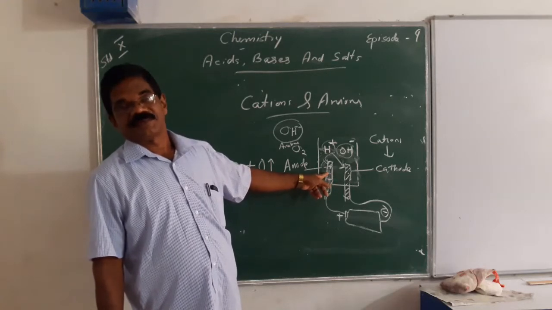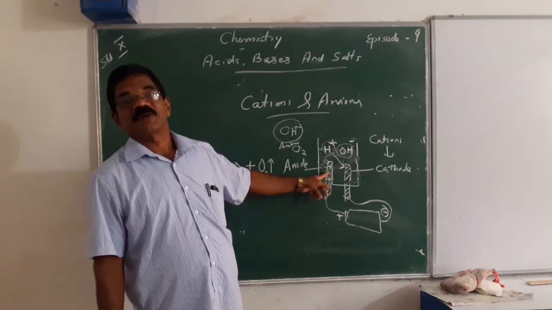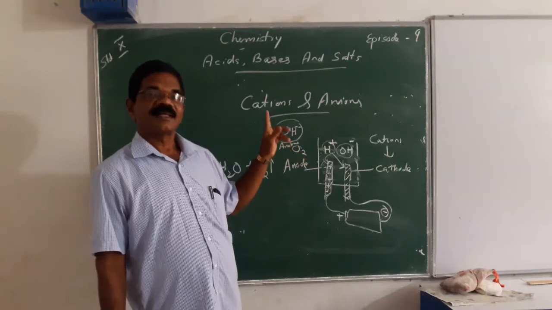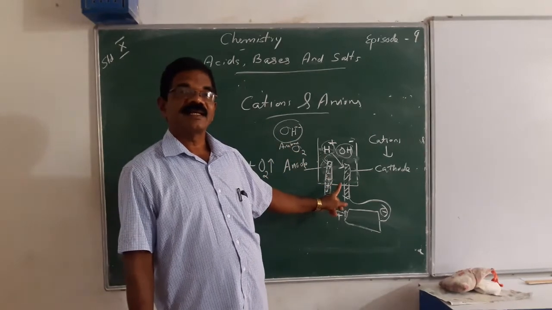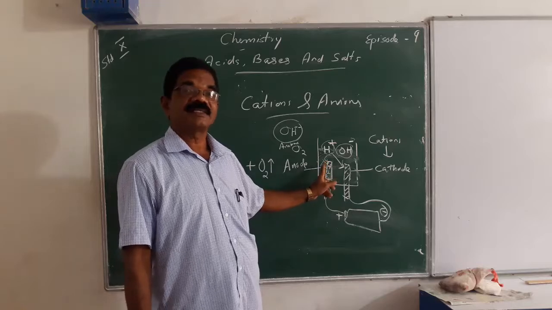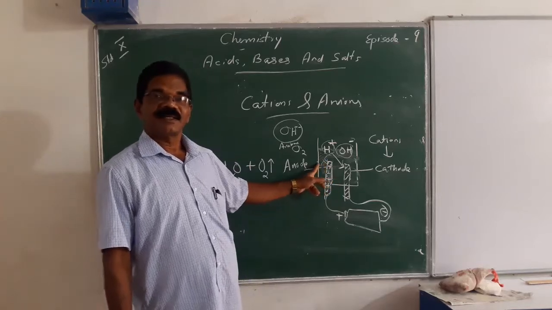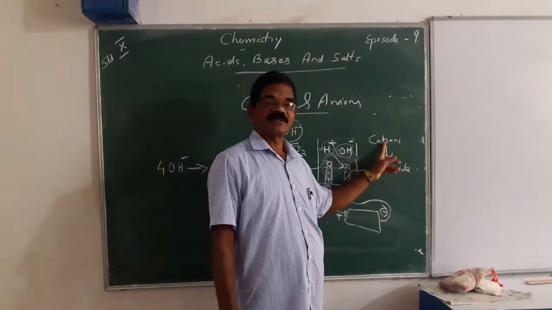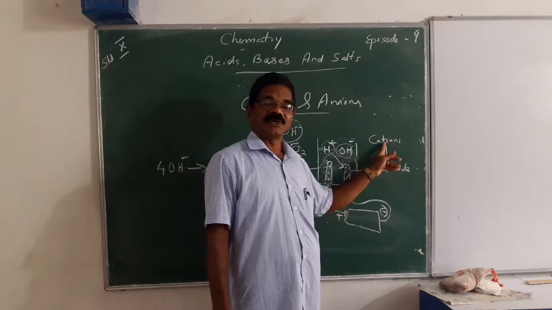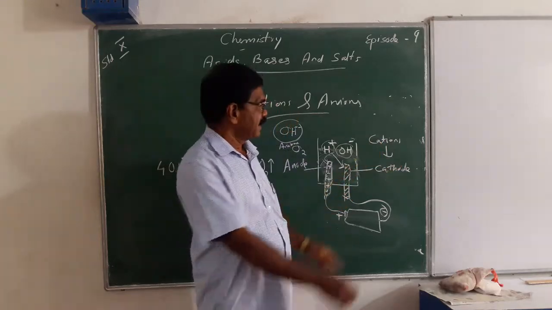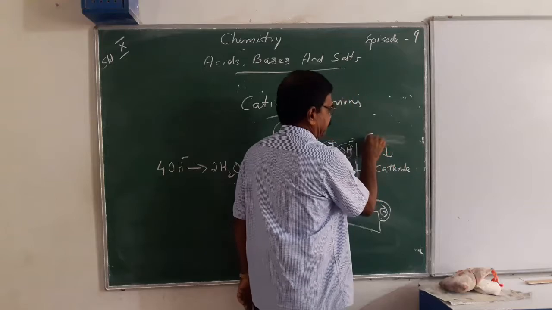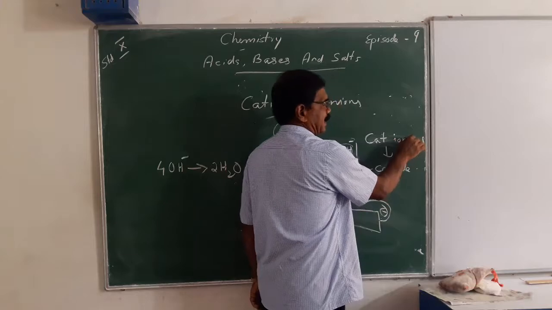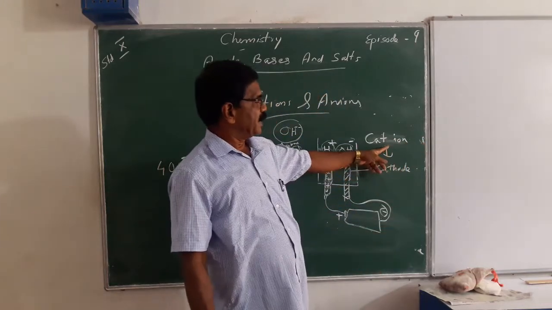Now there is a question: what is the charge of anions? Anode is positively charged and the charge of an anion is negative. Anions are negatively charged. Similarly, what is the charge of cations? On hearing the word cation, we say cathode.